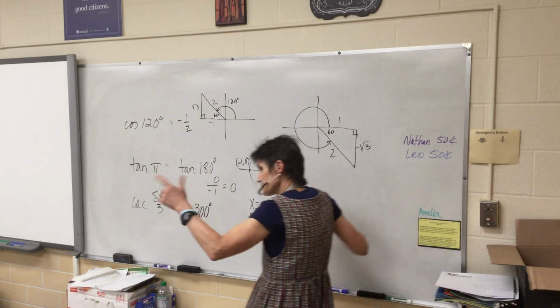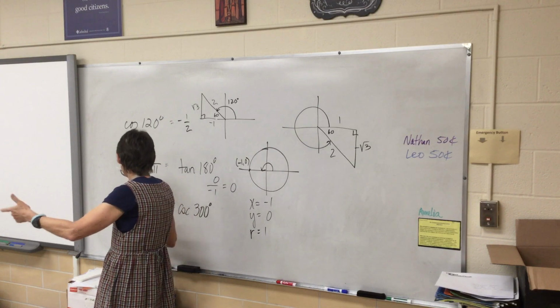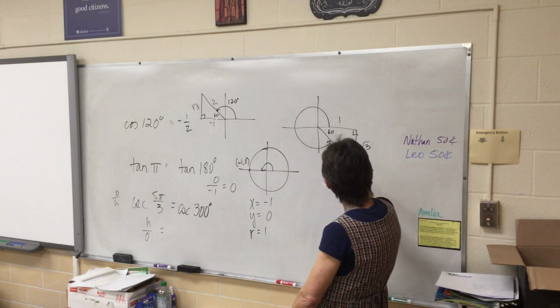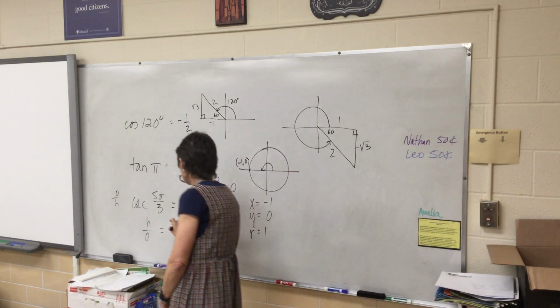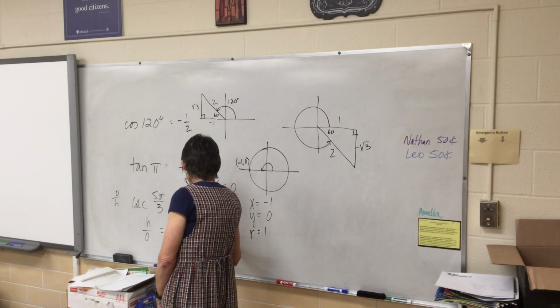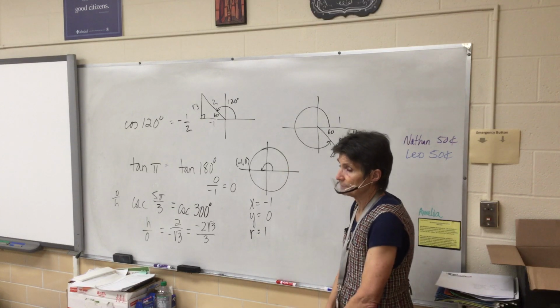Cosecant is the reciprocal of sine. So sine is opposite over hypotenuse, so this will be hypotenuse over opposite. So hypotenuse over opposite is 2 over negative root 3, or negative 2 root 3 over 3 if you rationalize it.